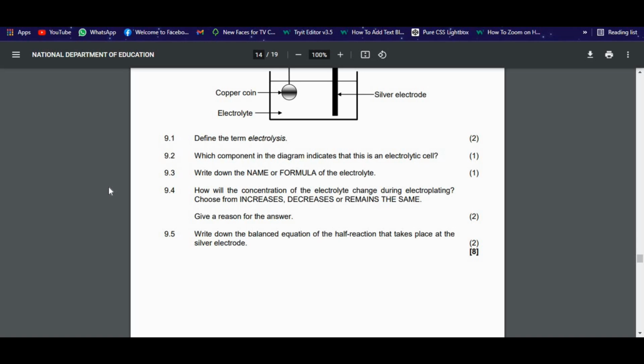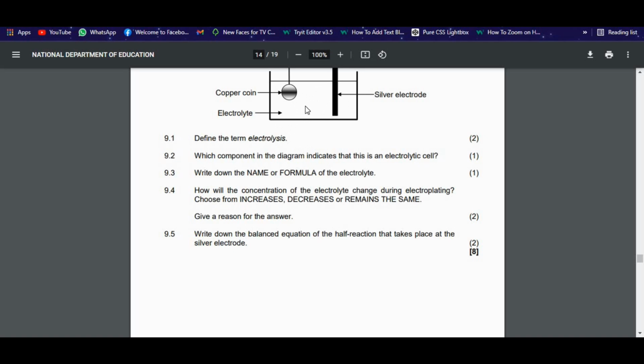Therefore, by that logic, because the silver here is going somewhere, it's coming out of the solution. It's not adding to the solution, neither is it taking anything away from it.